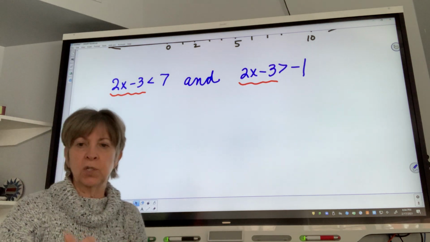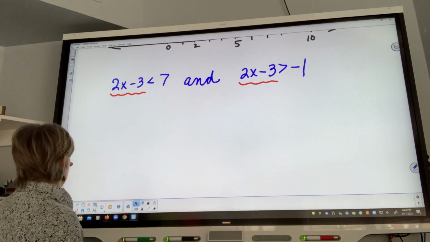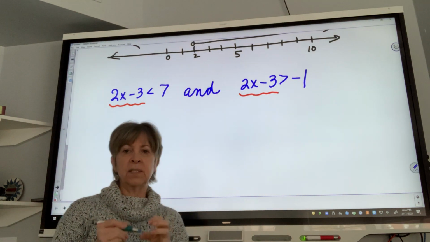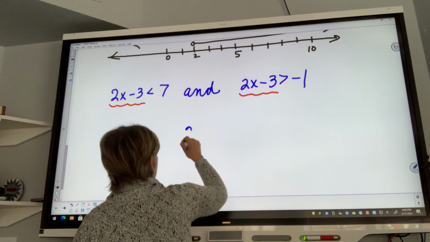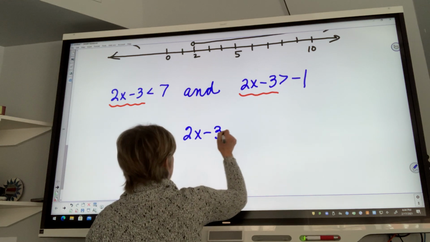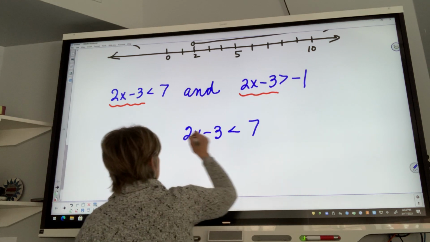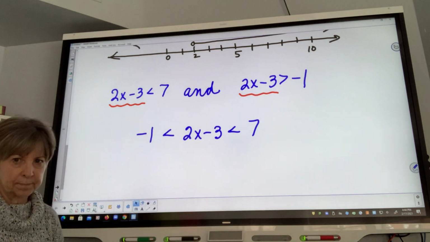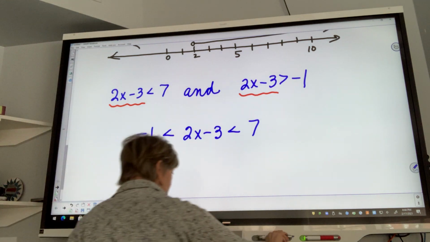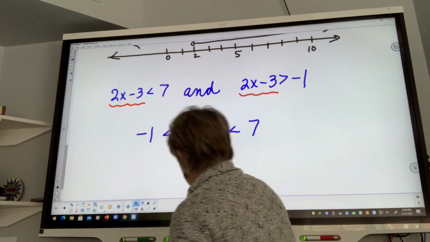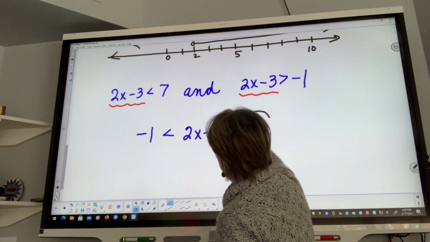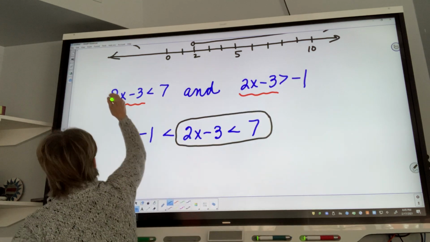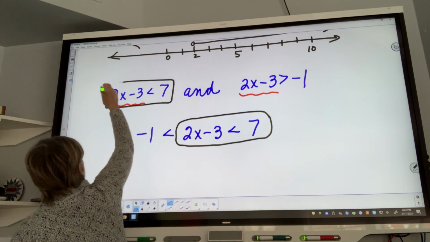So mathematicians don't really like to write. So if they had this situation, because this expression's the same, they would write this like this. Now, watch carefully here. This, half of this, is just this, isn't it?